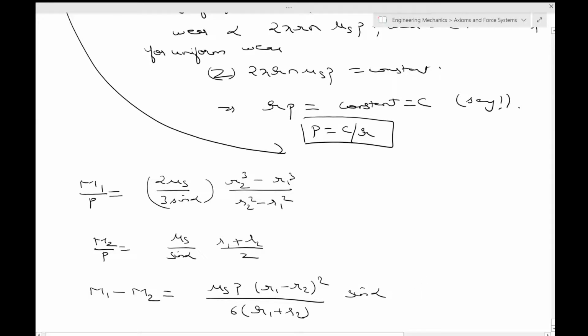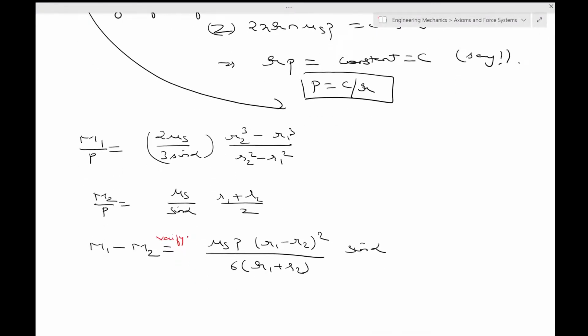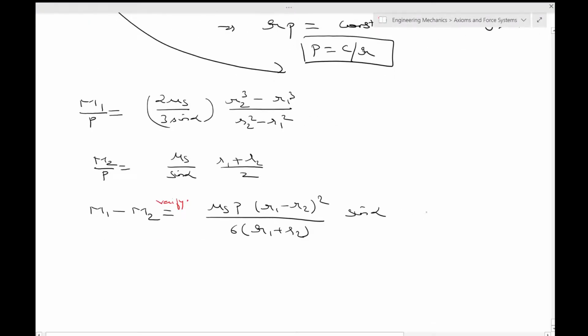This is something which you should be able to verify, and this quantity will be greater than 0. Why? Because mu s is greater than 0, 6 is greater than 0, P is greater than 0, r1 minus r2 whole square will be greater than 0, and r1 plus r2 will be greater than 0 because it's a summation of two radii.